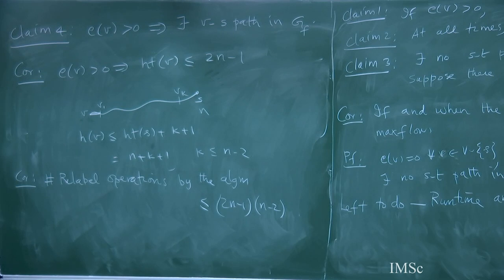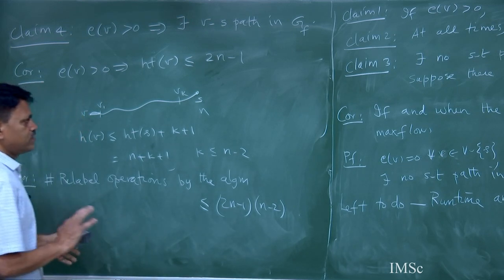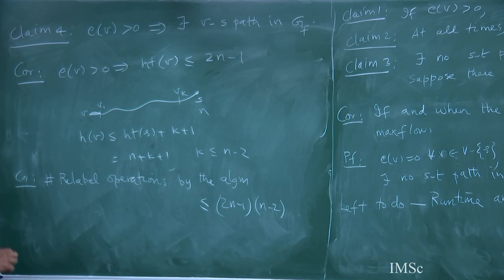Okay, so now I have to bound the number of push operations. So let me divide the pushes into saturating push and non-saturating push. What does the push operation do?